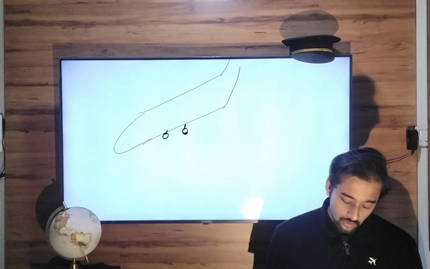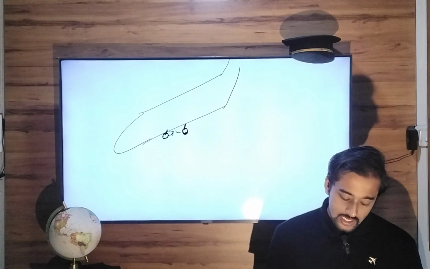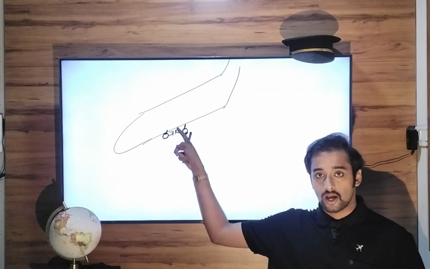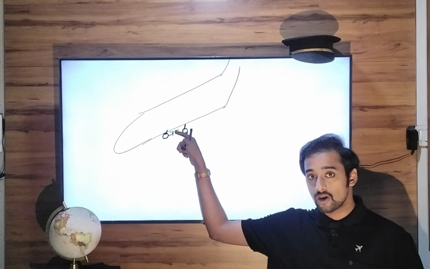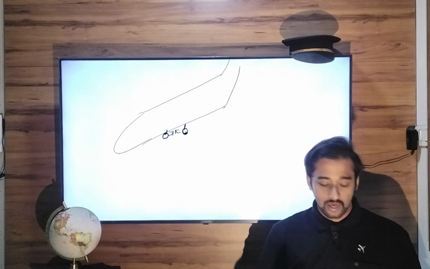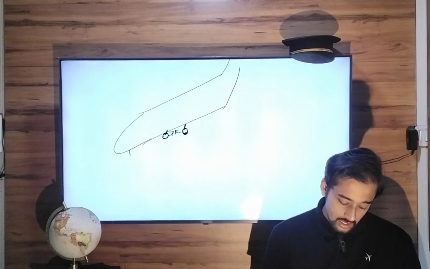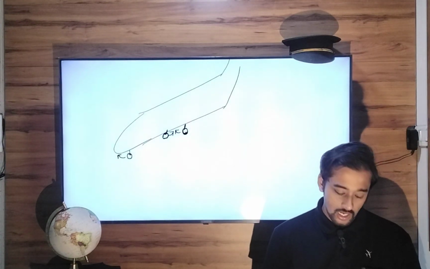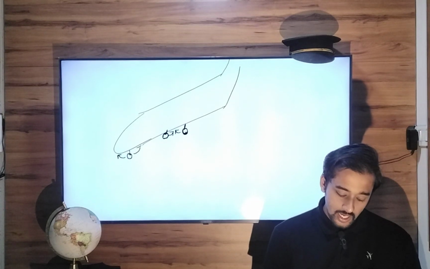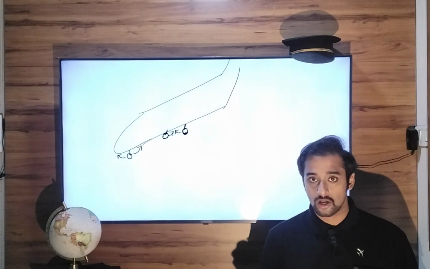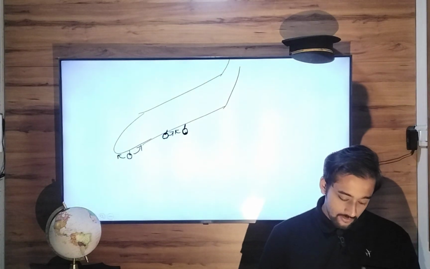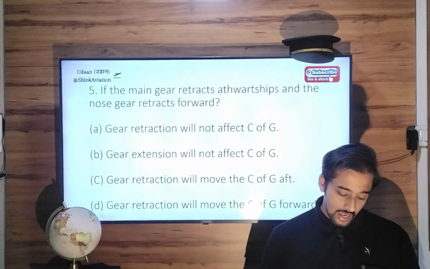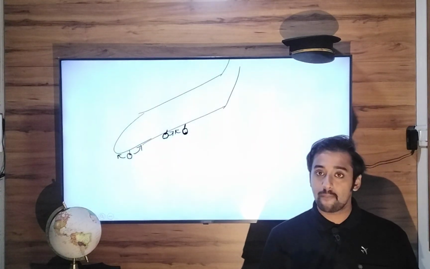Both will start retracting sideways in the fuselage. Not outwards but inwards in the fuselage. Whereas the nose gear will be retracted either forward in the fuselage, or in some cases nose gear retracts backward in the fuselage. So now they have asked us that main gear retracts athwart ships and the nose gear retracts forward. What will happen to CG?